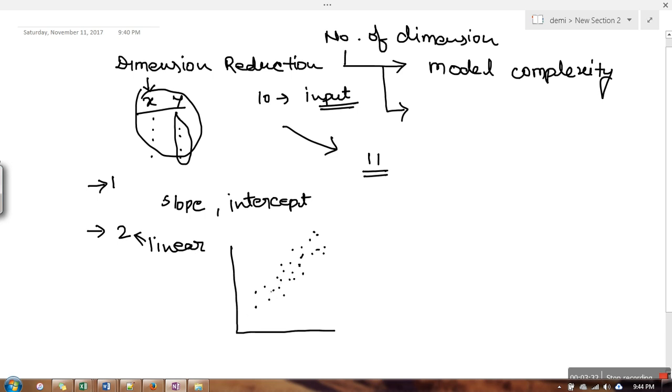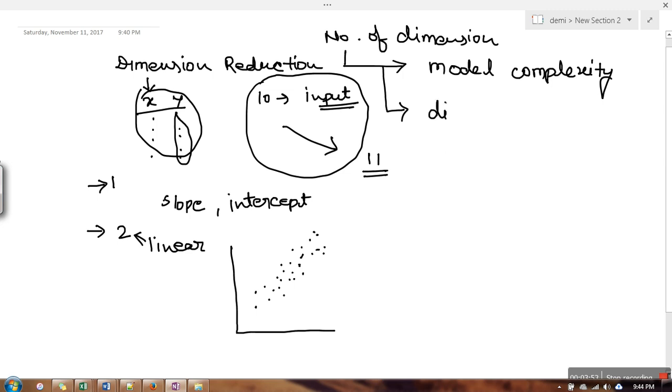If this data is given to us, we can easily see that this is going to follow a linear trend. But in case we are given a data set with 10 input attributes, it will be highly difficult to understand the interpretation of that data.